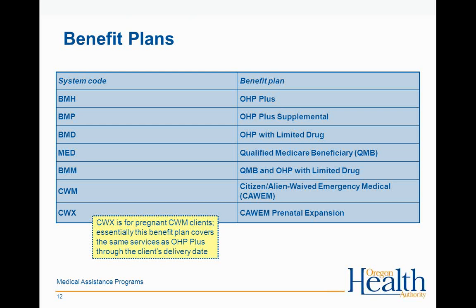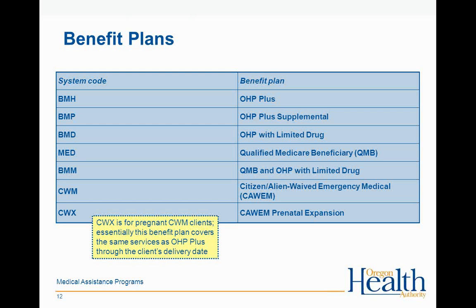A lot of people will argue that Med is not really a benefit plan for OHP, and I can get that because it doesn't cover OHP services, whereas the rest of our benefit plans actually refer to the Oregon Health Plan rules in order to see what is and is not covered. The Med benefit plan, because all we're helping with is out-of-pocket costs for Medicare, we are following Medicare rules. So that's an important one to note.